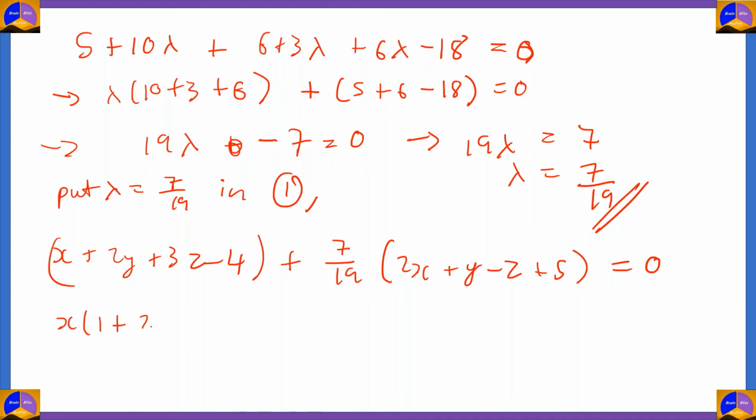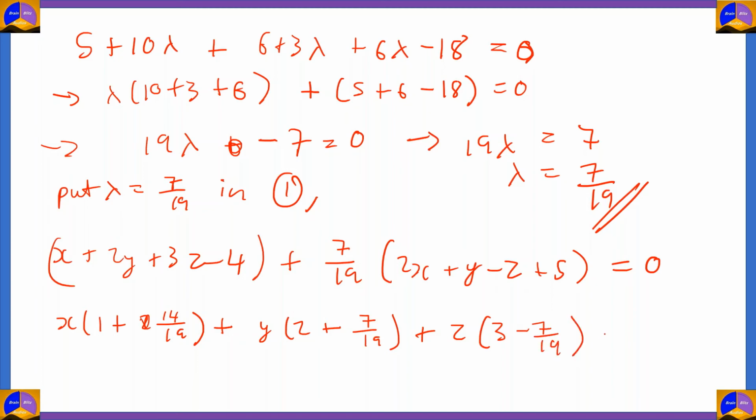So x into 1 plus 2 times 7 by 19, that is 14 by 19, plus y into 2 plus 1 into 7 by 19, that is 7 by 19, plus z into 3 minus 1 into 7 by 19 is minus 7 by 19. And then plus minus 4 plus 5 into 7 is 35 divided by 19 is equal to 0.